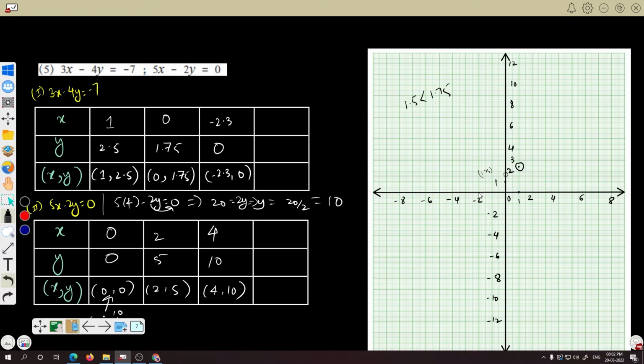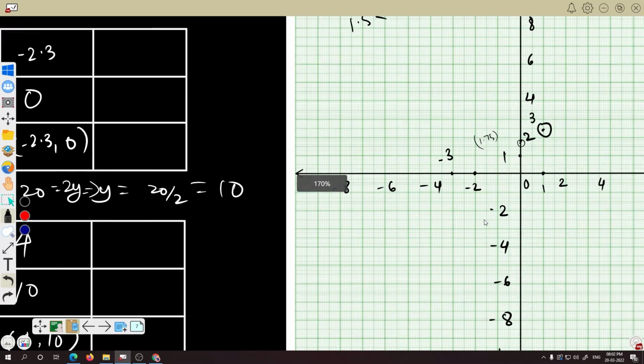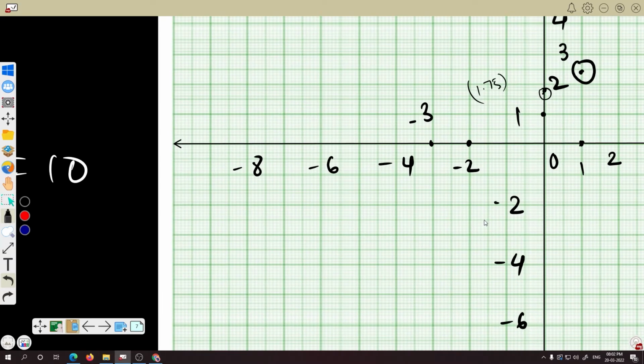So this is minus 2 and this point is minus 3. So 2.3 lies between minus 2 and minus 3. So we'll again zoom in. If you look at the graph, exactly at this point will be minus 2.3 comma 0. I hope this is clear to you.